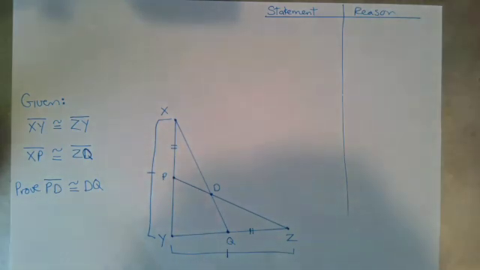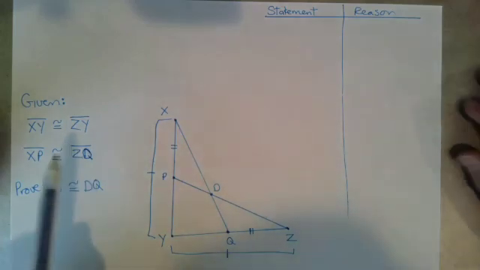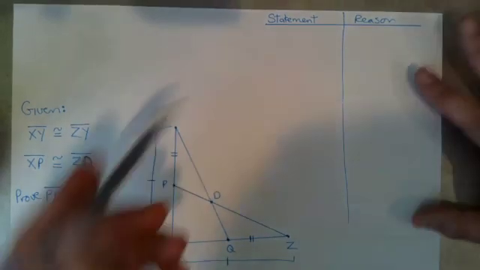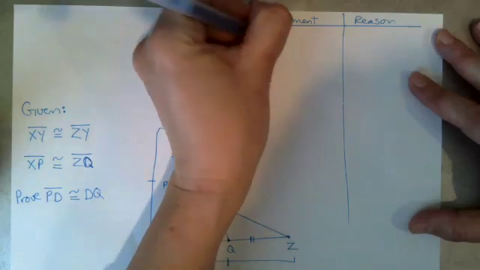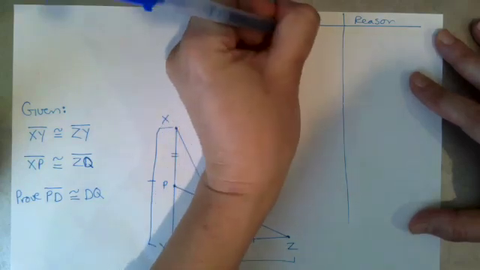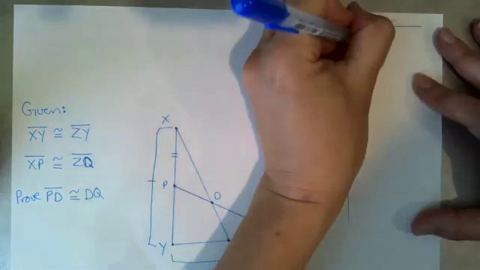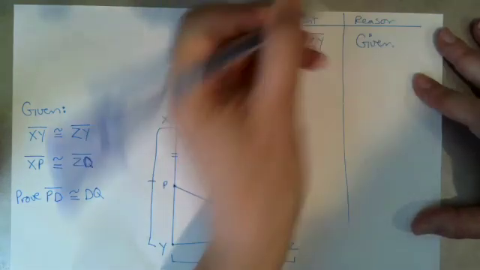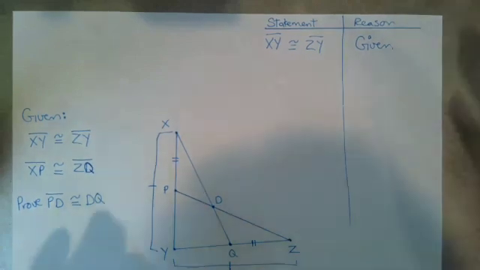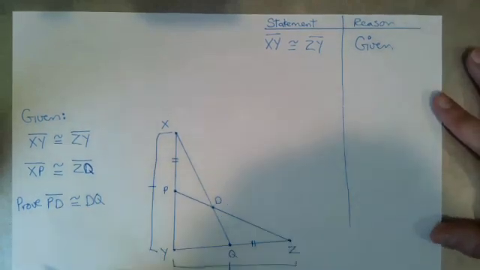All right, ready? Here we go. Okay, so we're going to start with our givens, right? So we've got XY is congruent to ZY, and I would strongly suggest grabbing a piece of paper and doing this along with me. There's nothing like writing something down to get it to stick into your brain. Okay, so there's our given.